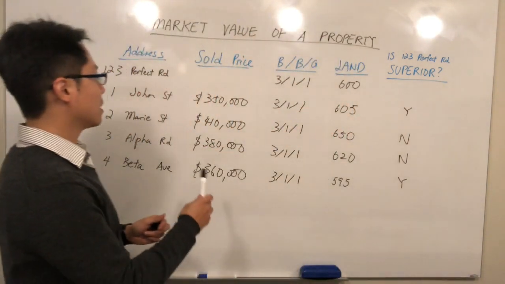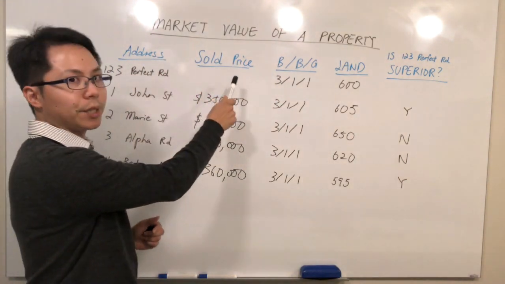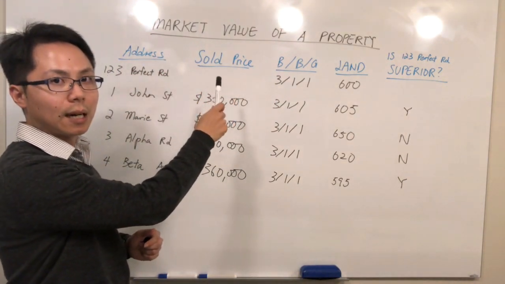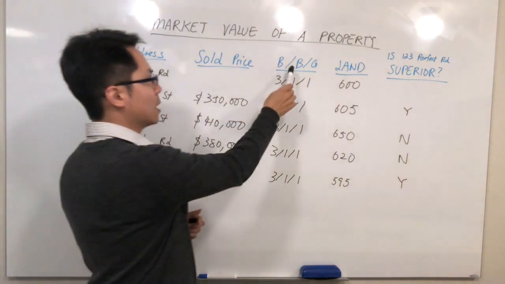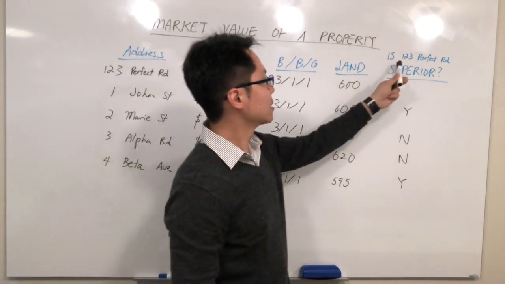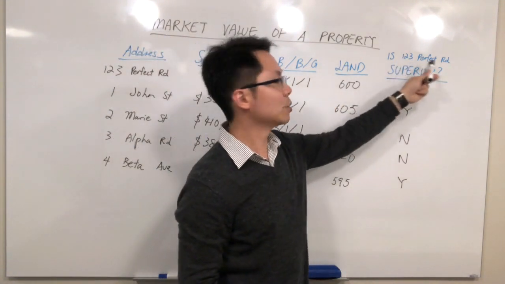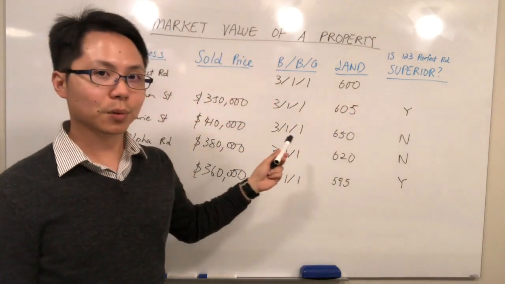A couple of factors here. I've got in blue the actual criteria that I would set as part of this calculation: address, sold price, bedroom, bathroom, garage, land, and whether the subject property, in this case 1, 2, 3 Perfect Row, is superior to the property that I have on the board.